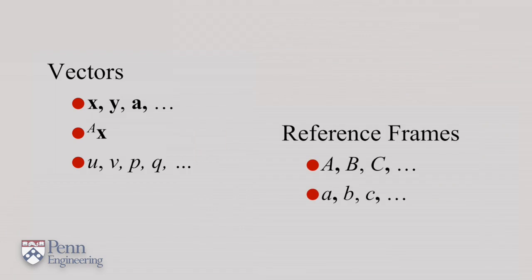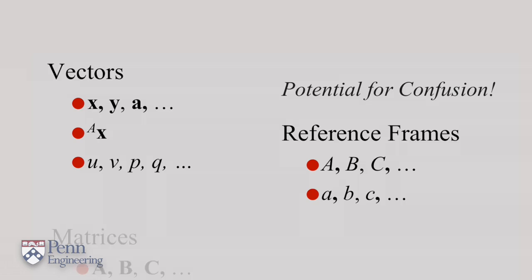Similarly, for reference frames, we use italicized letters, but these are usually uppercase. However, depending on which text or papers you look at, you might also see lowercase letters italicized to denote reference frames. So there's a lot of potential for confusion, and oftentimes you must go back and recalibrate yourself with new notation every time you read something new.